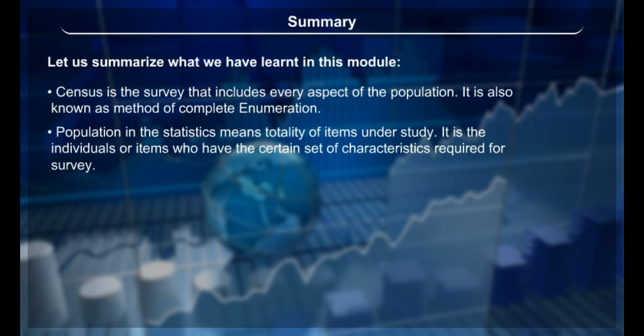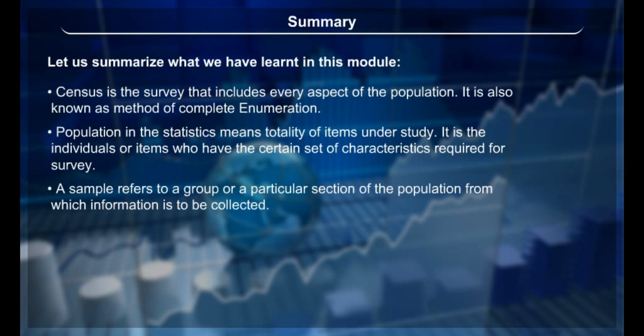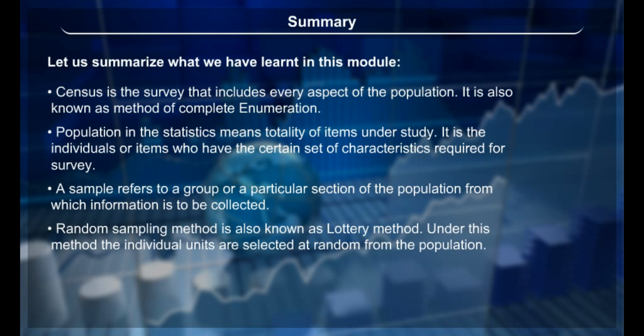Population in statistics means totality of items under survey. It is the individuals or items who have a certain set of characteristics required for the survey. A sample refers to a group or a particular section of the population from which information is to be collected. Random sampling method is also known as the lottery method.